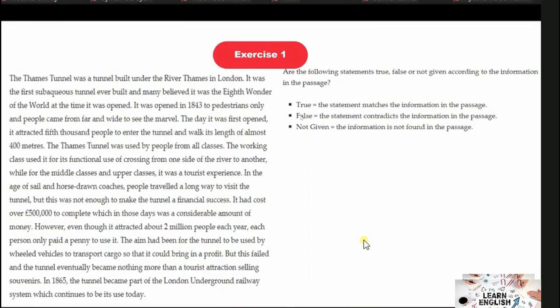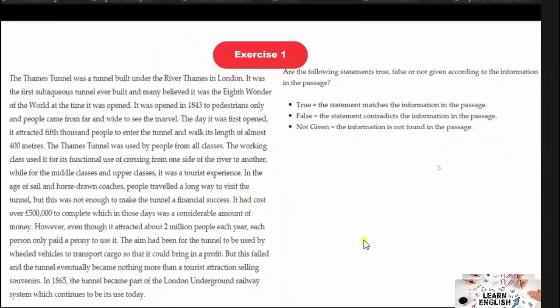And not given, and by the way, a lot of people may get confused regarding false and not given. When I say false, it means you will have information in the passage, but it is the opposite of that in the question, something other than that in the question.